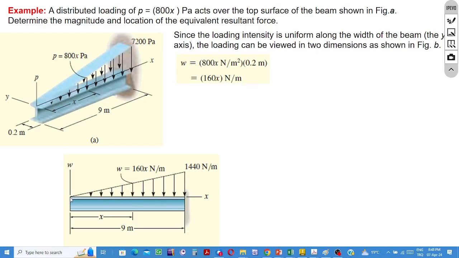In figure B, the distribution is linearly increasing. The area under the load curve is a triangle.